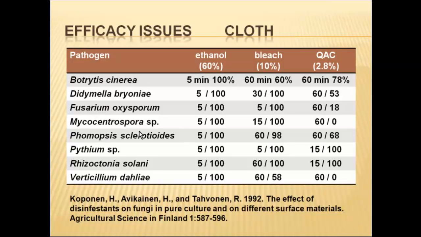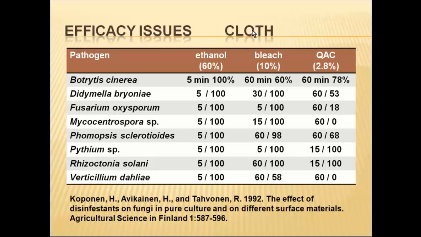This was a study done with 8 plant pathogens. They used a total of 9 disinfestants, so I'm only reporting 3 here for time, and they're pertinent to compounds that I'm talking about. The way this study was done is they infested a cloth substrate, submerged them for various periods of time, and then plated out a number of substrates, and the percent recovery they translated into a percent efficacy.